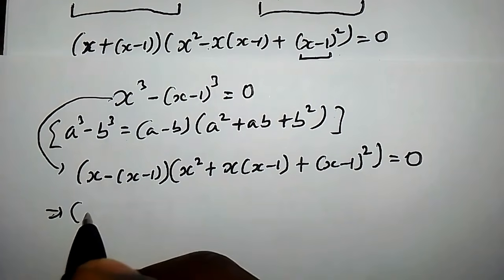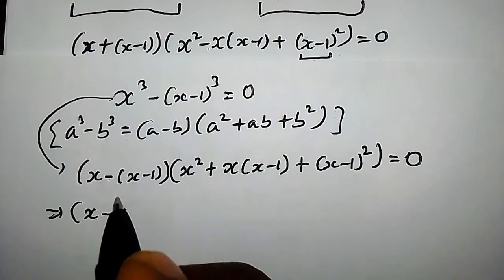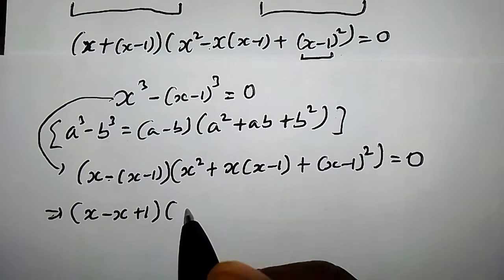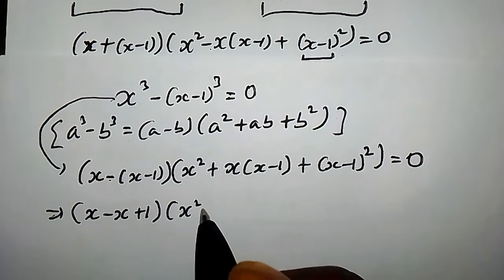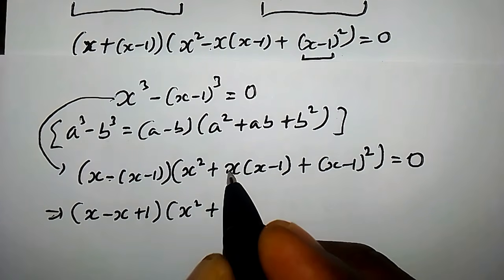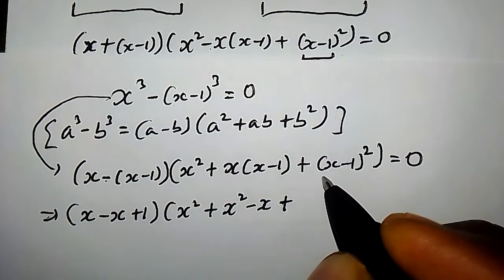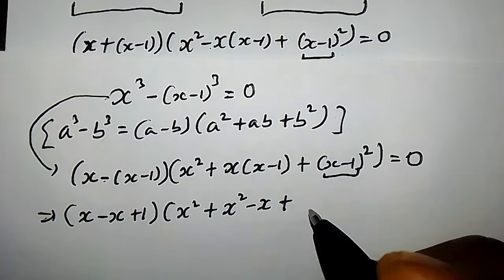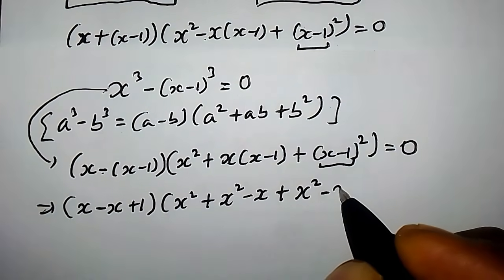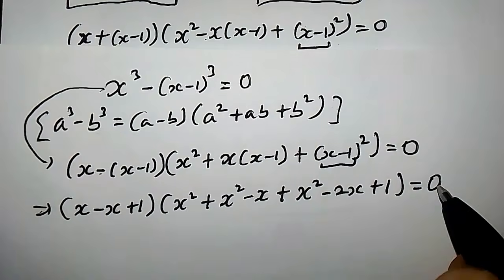This means that x minus x, that is minus x, minus times minus 1 plus 1, times x square plus x times x, x square, x times minus x plus (x minus 1) all square. If you expand this very well, you're gonna have x square minus 2x plus 1, everything equal to 0.